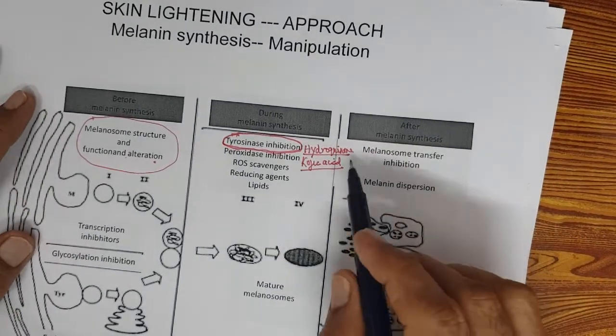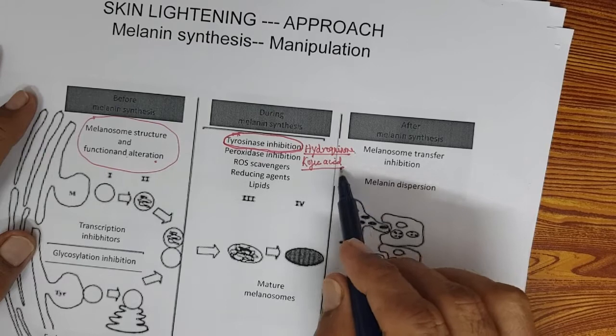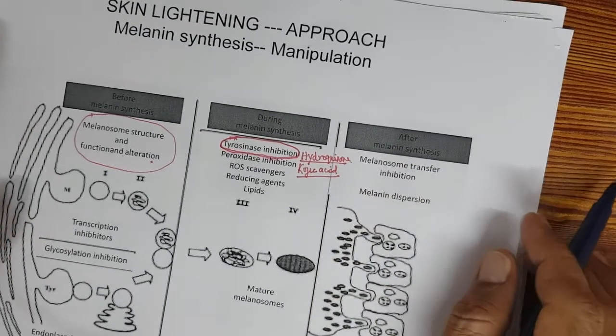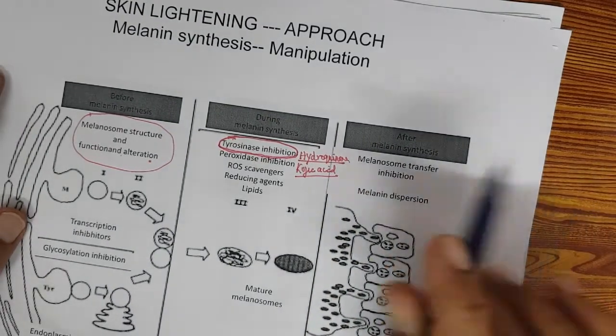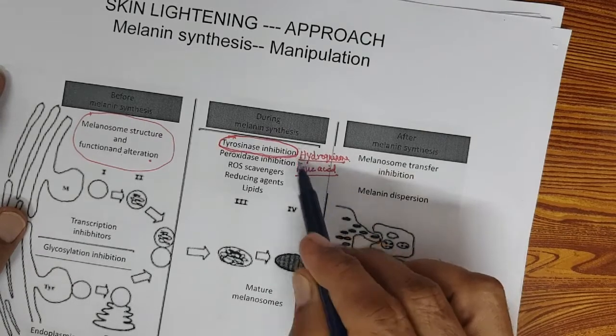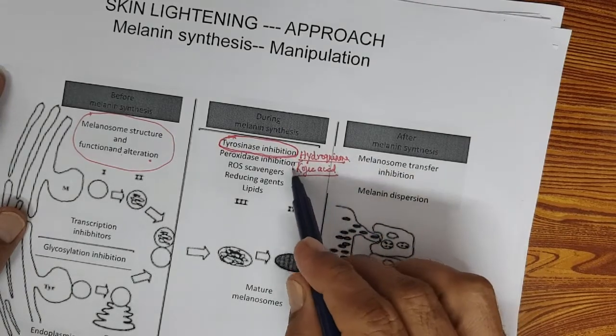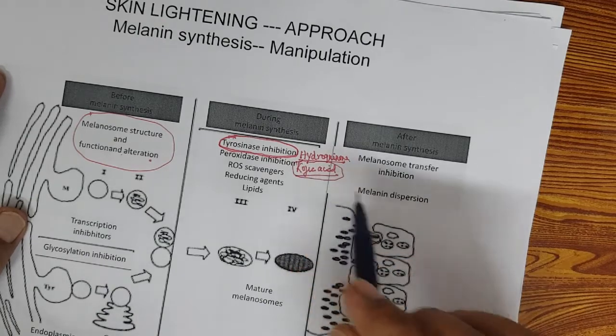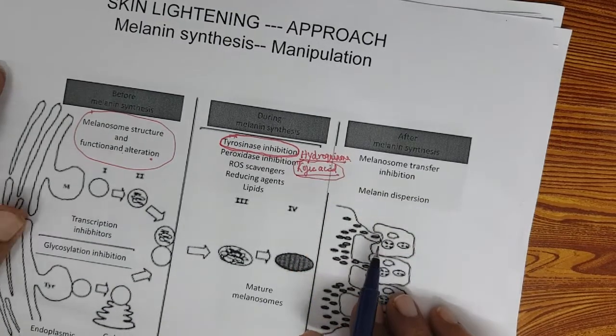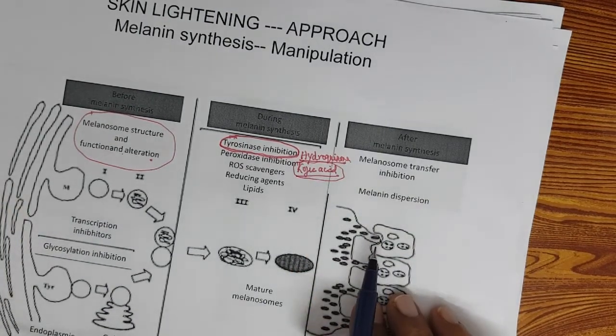There are a lot of OTC and prescription medicines which have hydroquinone in them. Kojic acid is used in a Japanese skin lightening product, but those products are used as quasi drugs in Japan, right? Quasi drugs, it's something like OTC. It's not a cosmetic, right? Hydroquinone and kojic acid.